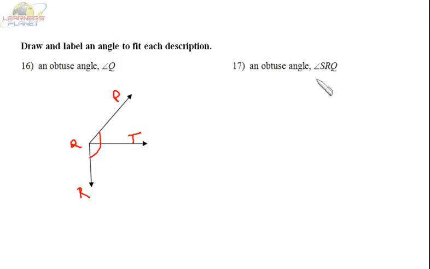Similarly, we can draw obtuse angle SRQ. You just rename it. Instead of Q, you just put R over here and S and Q. So you'll be getting obtuse angle SRQ.